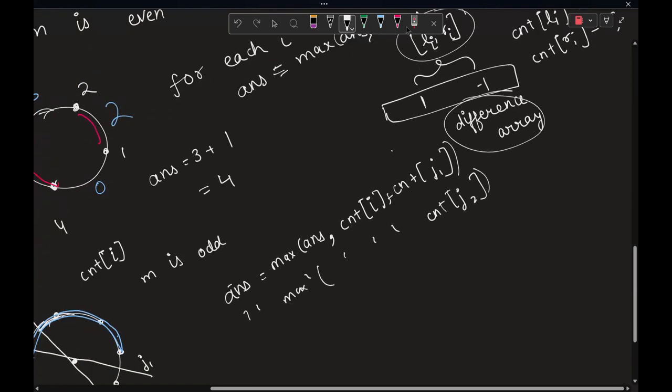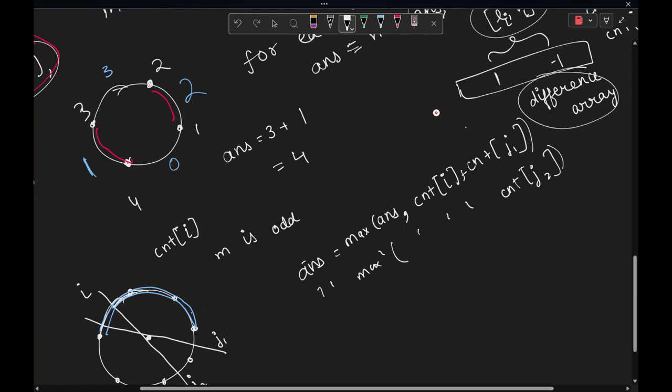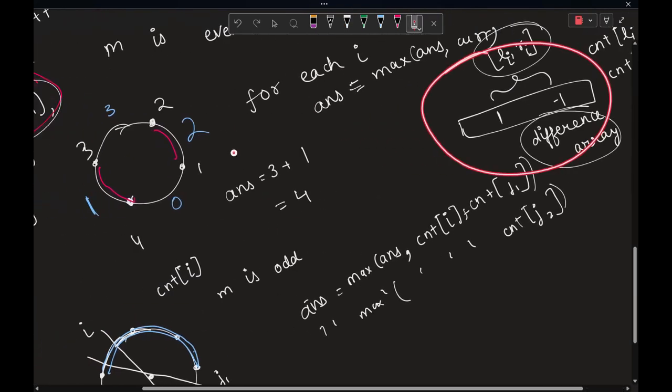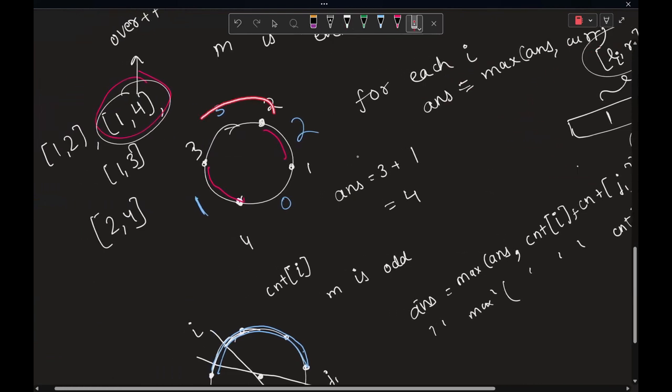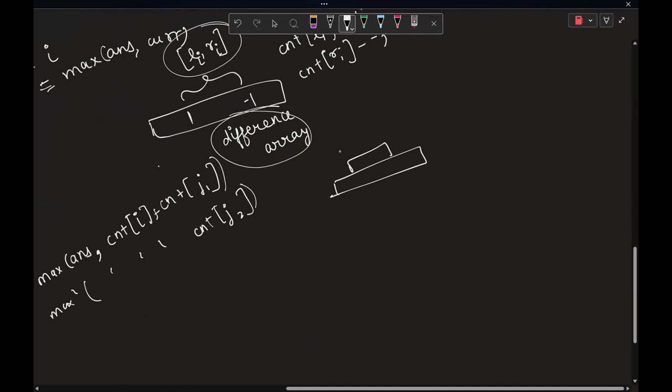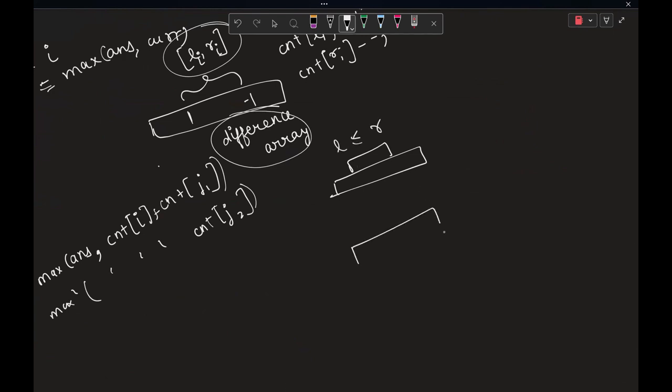So similar to difference array, we can just implement it here also. The only difference is that in the normal difference array, the queries are from L to R, where L is less than or equal to R. Here the queries might be in a way that L is greater than R. If L is greater than R, then you have to update all these values.